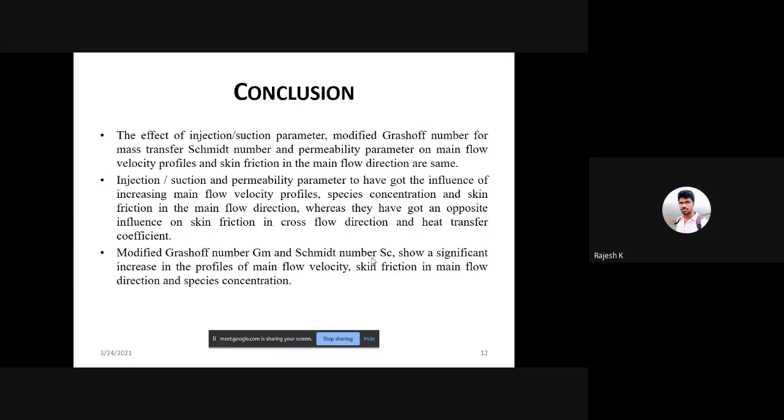My conclusion is that the effects of the injection suction parameter, modified Grashof number for mass transfer, Schmidt number, and permeability parameter on the main flow velocity profiles and skin friction in the main flow direction are the same.